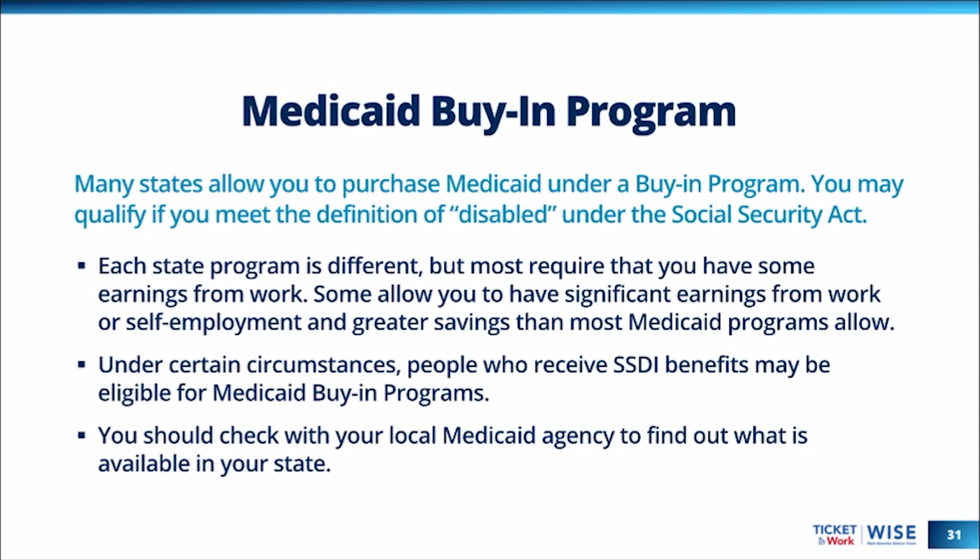So the states were able to create a Medicaid buy-in program. And you basically have an income-based premium. I remember when this all started, because Massachusetts, which is my home state, had a waiver program from the Centers for Medicare and Medicaid Services, and it was the buy-in.